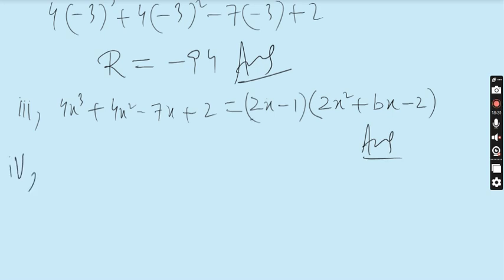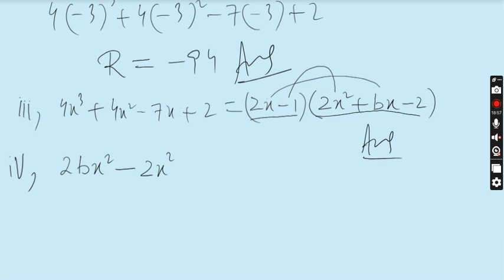So you need to find the value of b only. So write, multiply 2x by bx, you will get 2bx squared, and negative 1 by 2x squared, negative 2x squared. This is the way to solve the cubic equation.